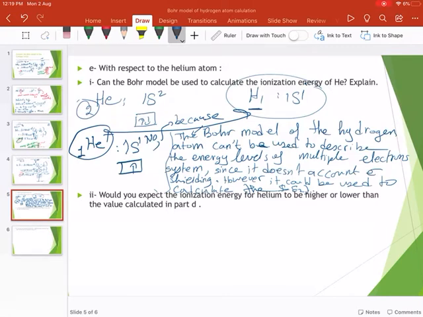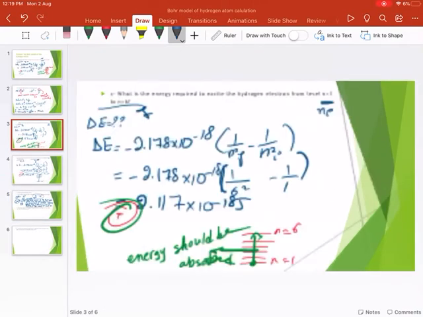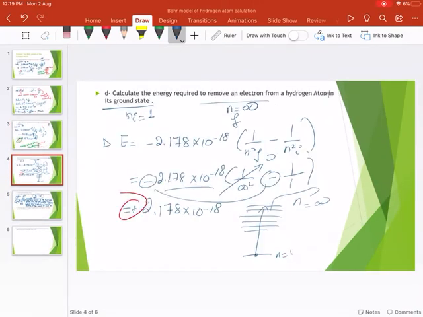Part D double I: would you expect the ionization energy for helium to be higher or lower than the value calculated in part D? In part D, this was the energy calculated, removing the electron.